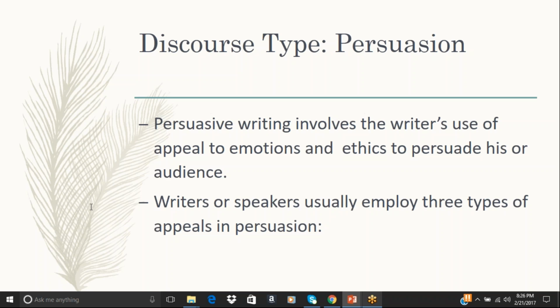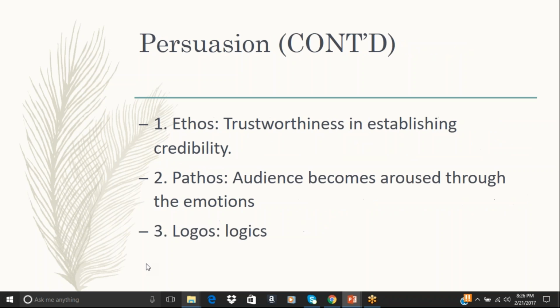So there's logos, logic, pathos, emotional appeal, and the final one is ethos, which is credibility. A lot of persons, when they're doing persuasive writing, normally tend to try to employ a mixture of all of them.